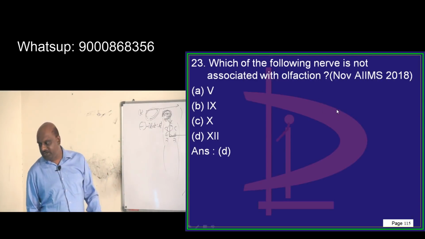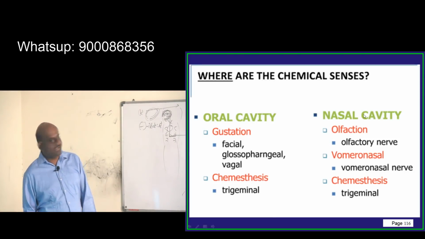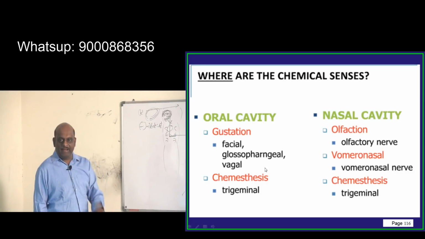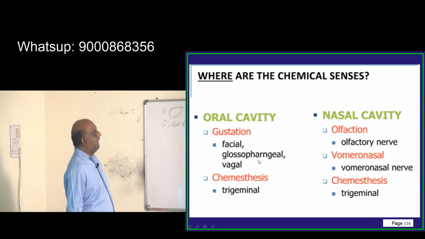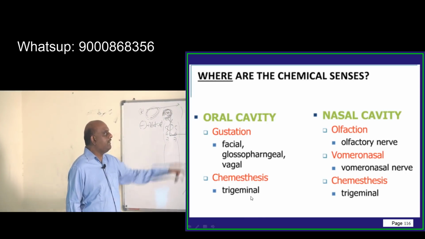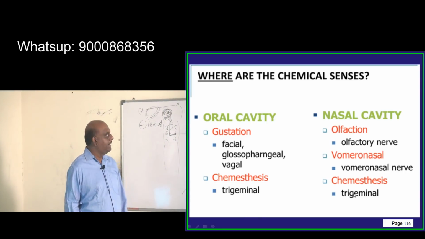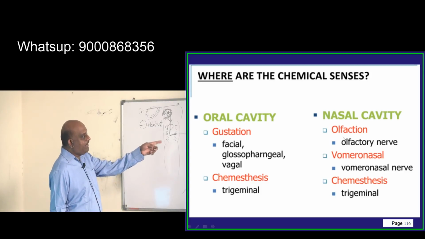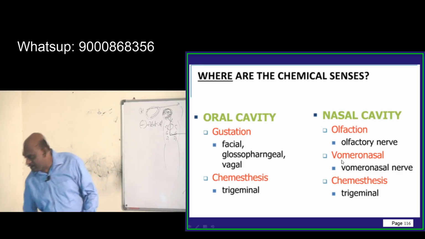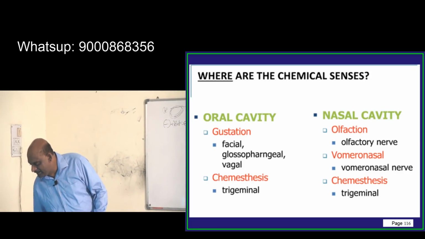He might have asked about the chemical senses. That's right. For the gustation, you require facial, chorda tympani anterior 2/3 and glossopharyngeal posterior 1/3 for the taste. And for the chemesthesis, oral cavity, trigeminal. Then in the nasal cavity, olfaction is the olfactory nerve is what you need to ultimately remember, right?